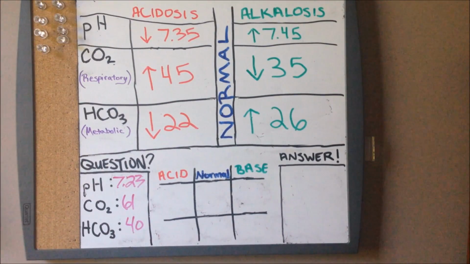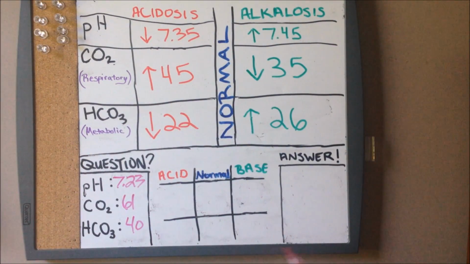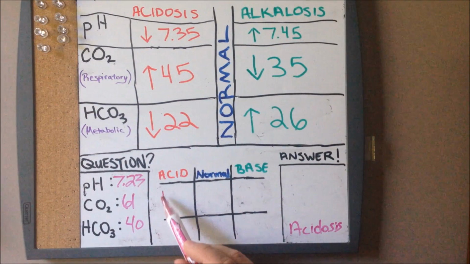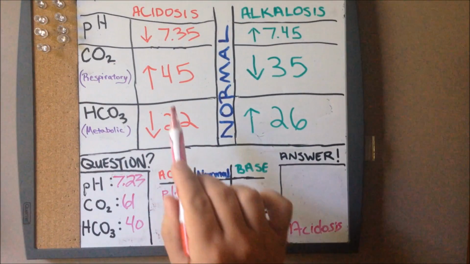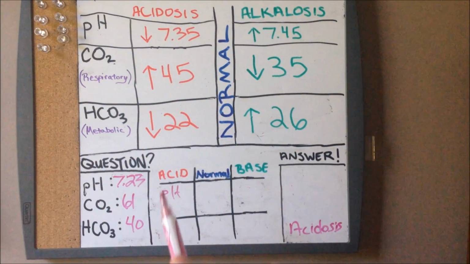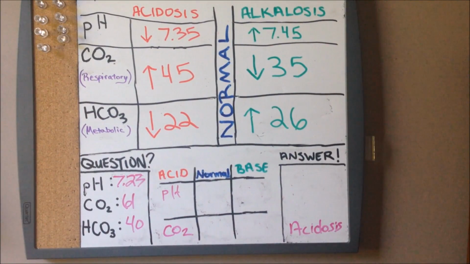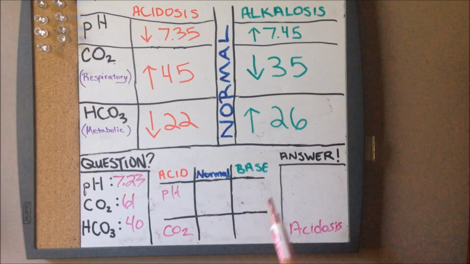All right, first, 7.23. Definitely below 7.35, so we know already. And since it's in the acidosis column, we're going to write pH here in the acidosis column. CO2 of 61, way above 45. So CO2 goes in our acid column. And our HCO3 of 40, way above 26 in our basic column.